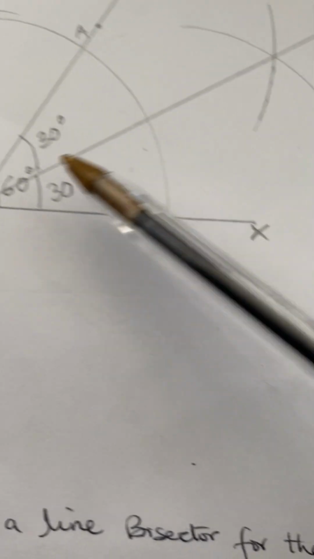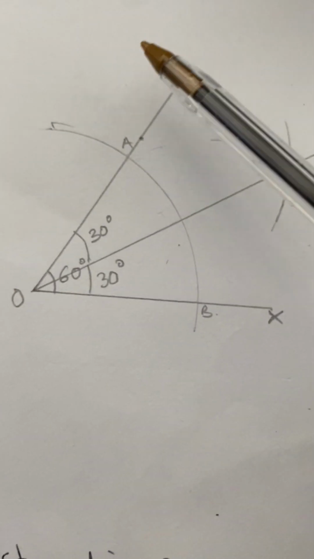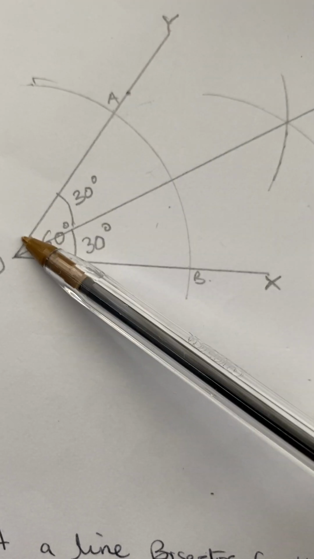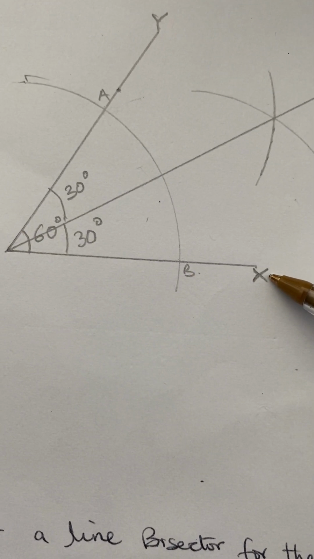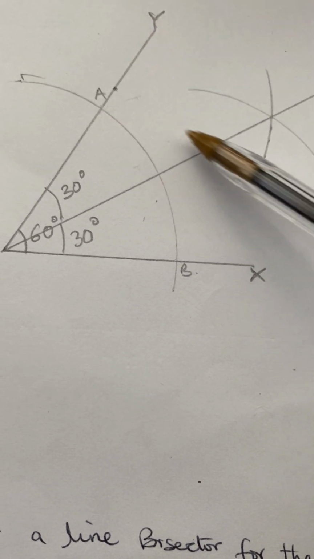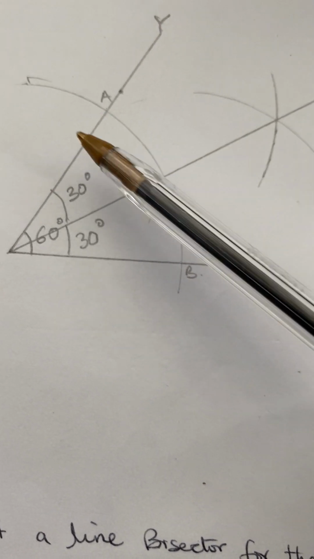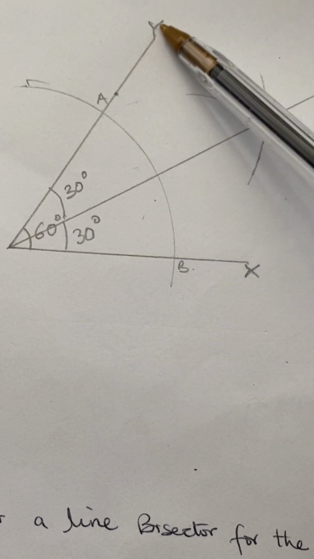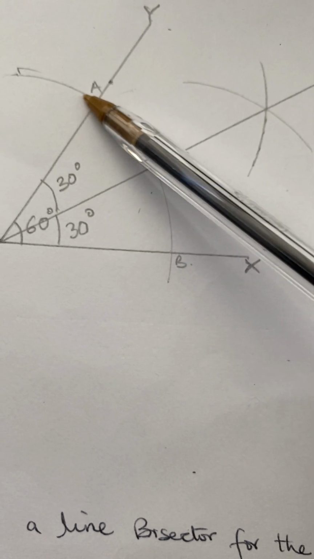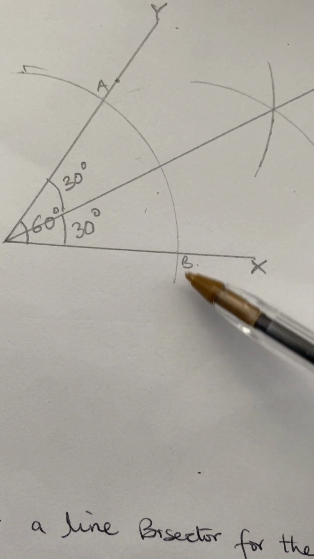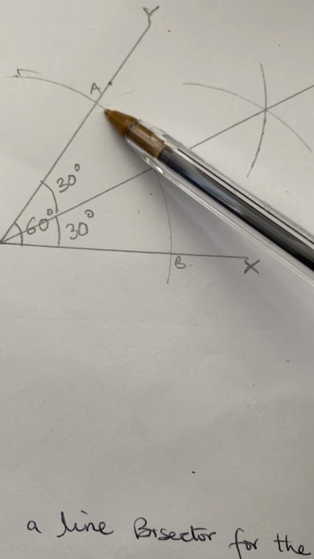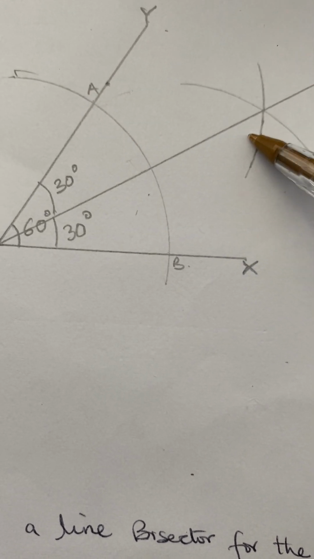Like in the first instance, we know it's 5 centimeters by 5 centimeters, so we can use the end to draw the arc. But here we have two lines of different length. That's why we have to draw the first arc, so that we use that first arc as a reference to draw two arcs.